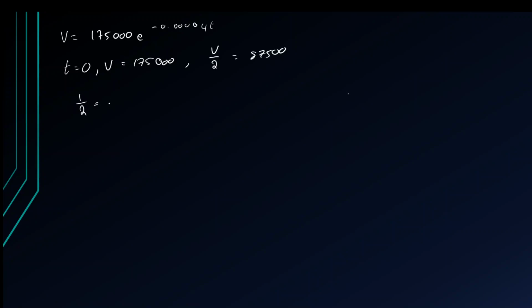So we get a half is e to the minus 0.12344t. Once we take the natural log, the natural log of a half can be turned into minus log 2, which is minus 0.12344t.